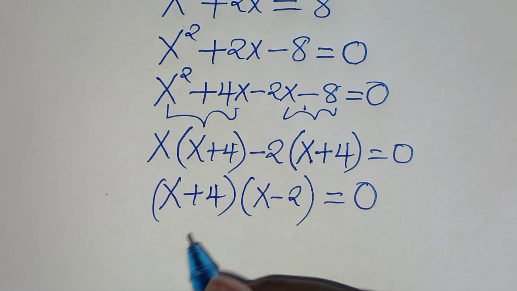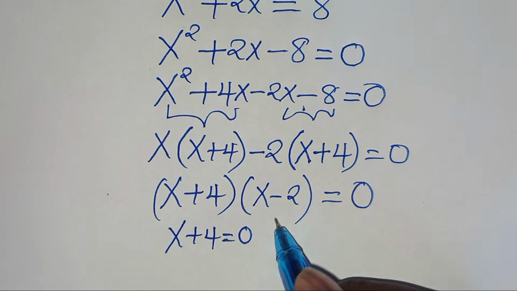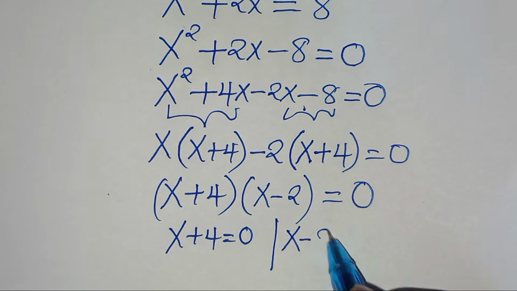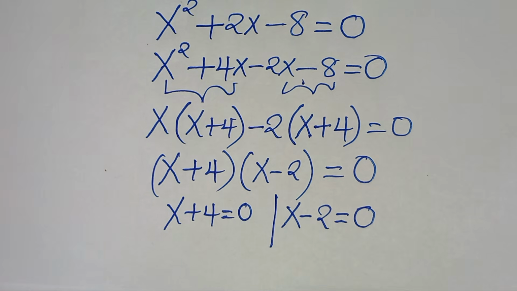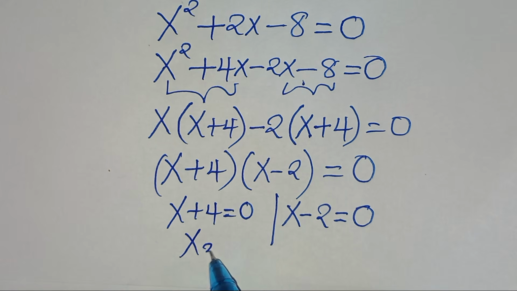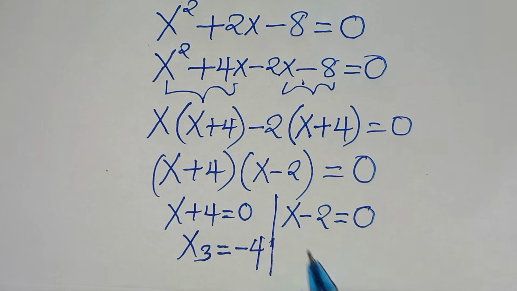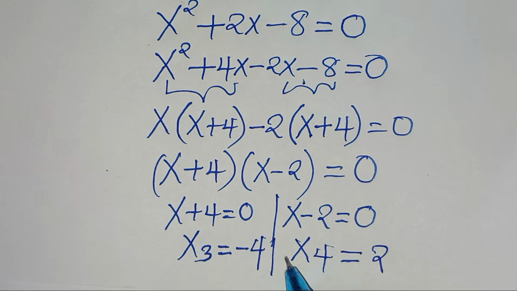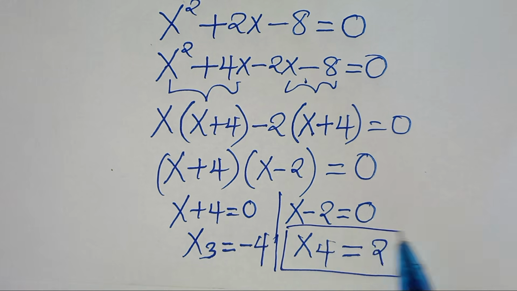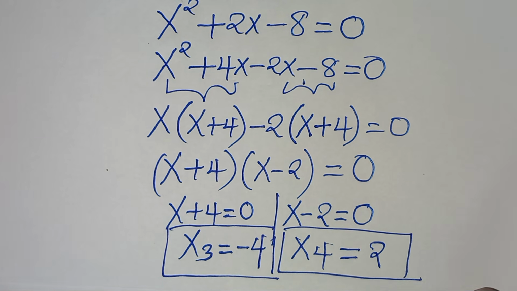So this means we have x plus 4 equal to 0, then we have x subtract 2 equal to 0. So this is to mean that x3 is equal to negative 4, and we have x4 equal to 2. So we have 4 solutions to this algebra problem.